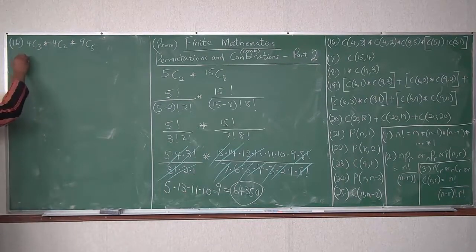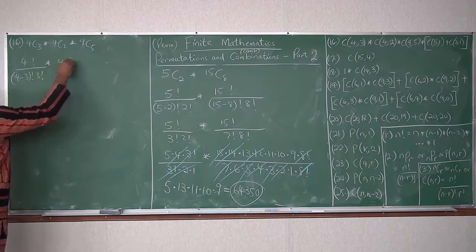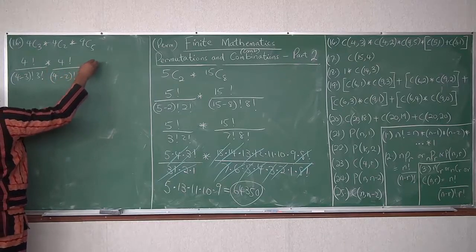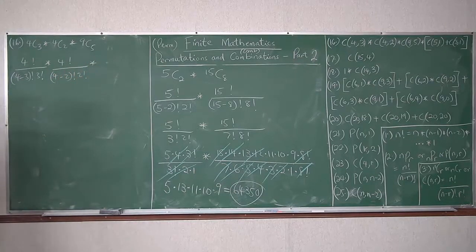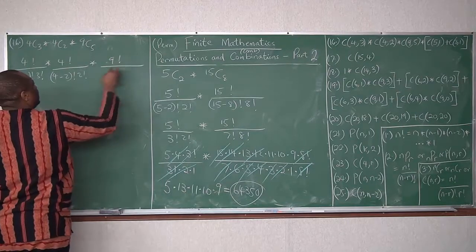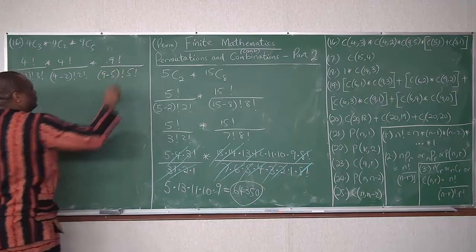This is 4 factorial over (4 minus 3) factorial times 3 factorial, then times 4 factorial over (4 minus 2) factorial times 2 factorial, times 9 factorial over (9 minus 5) factorial times 5 factorial.